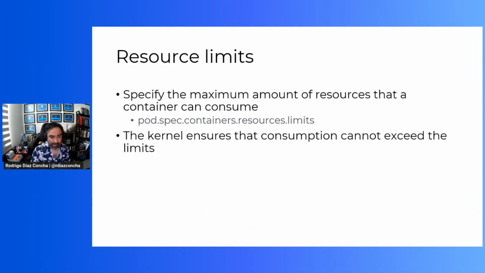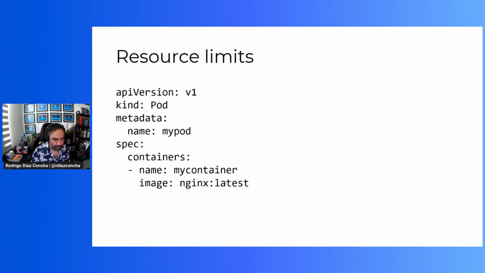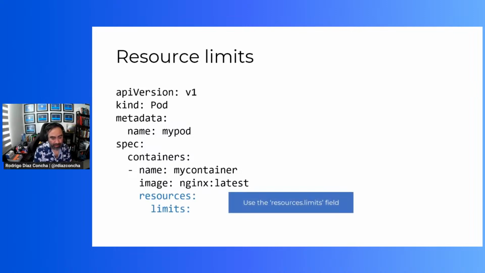So resource limits allow you to specify the maximum amount of resources that a container can consume. So this is for constraining, right? Constraining your containers. In that case, you use the resources field, and inside you can set some limits.